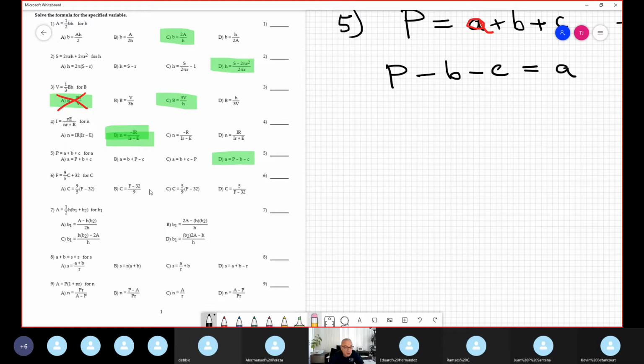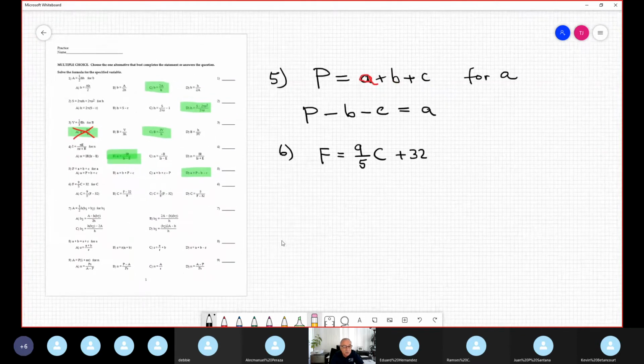Look, the number 6 problem is very, very interesting because it's a formula that states the relationship between temperatures. Capital F represents Fahrenheit degrees, 9/5 C, where C represents temperature also in Celsius degrees, plus 32. I want to express this formula completely backward, so now I need to solve for C. This formula is useful when you have the temperature in Celsius and you want to find Fahrenheit.